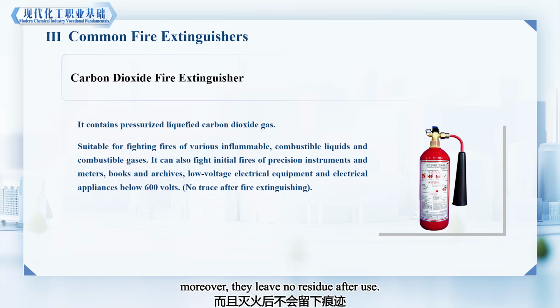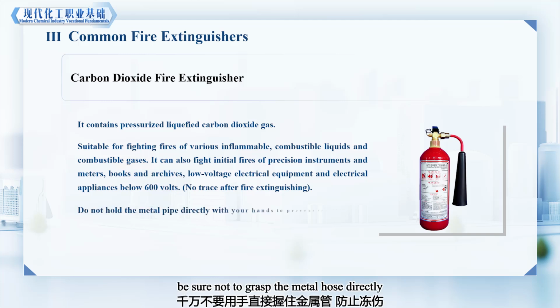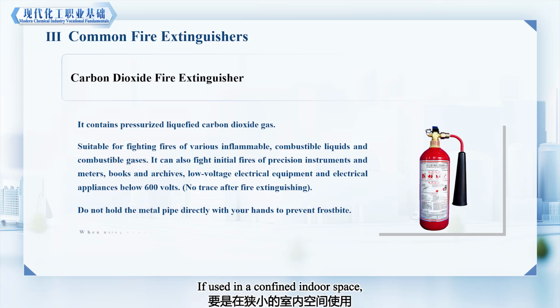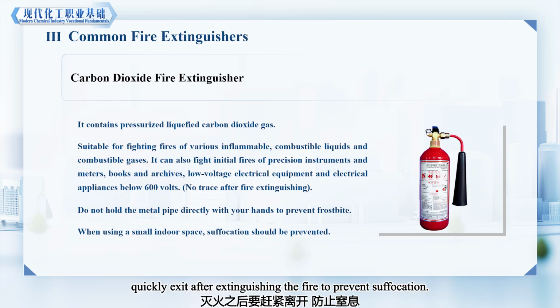Moreover, they leave no residue after use. However, when using them, be sure not to grasp the metal hose directly with your hands to avoid frostbite. If used in a confined indoor space, quickly exit after extinguishing the fire to prevent suffocation.